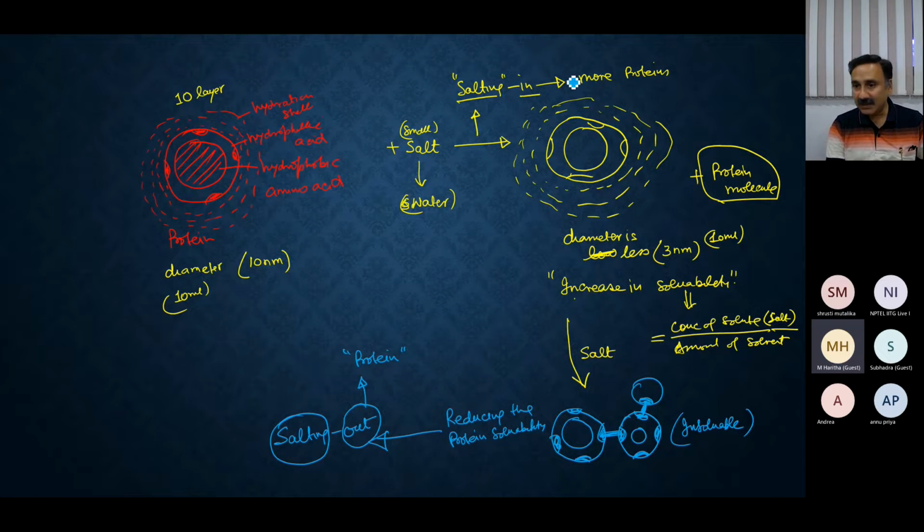Earlier we were adding protein molecules, that's why it is called salting in. Now we are adding more salt, so you are exposing the hydrophobic patches, and that's how you get insoluble protein molecules. That means you are reducing the protein solubility, and this phenomenon is called salting out. Is it clear now?